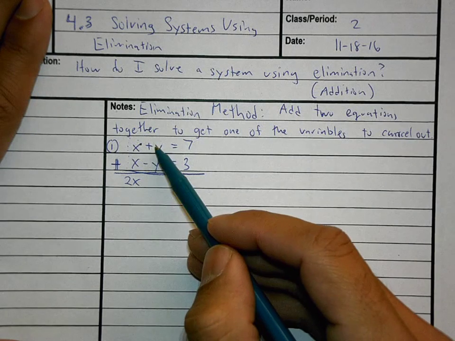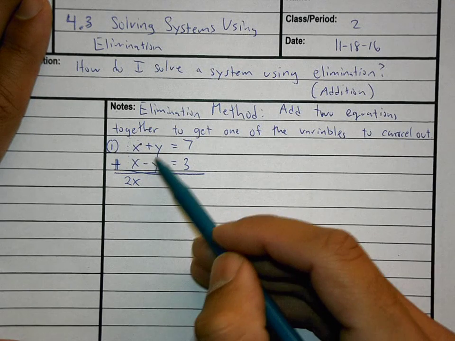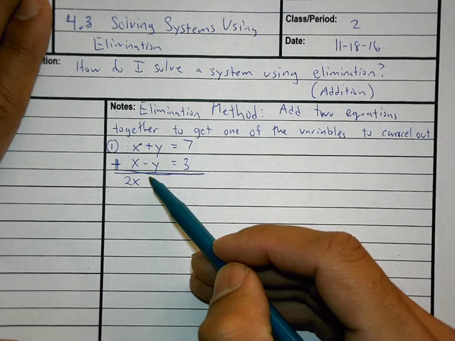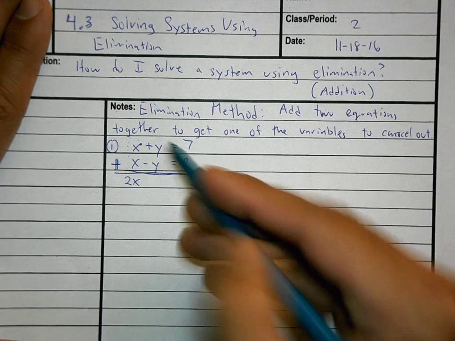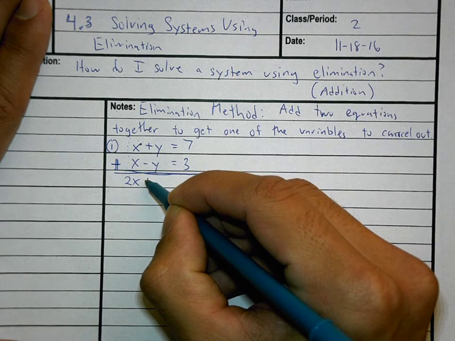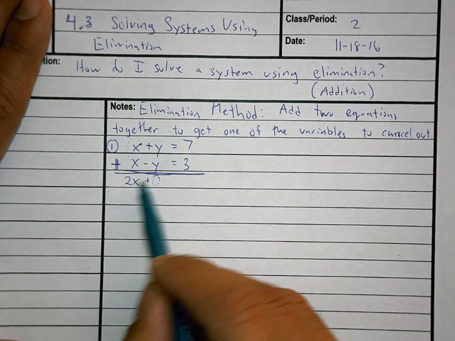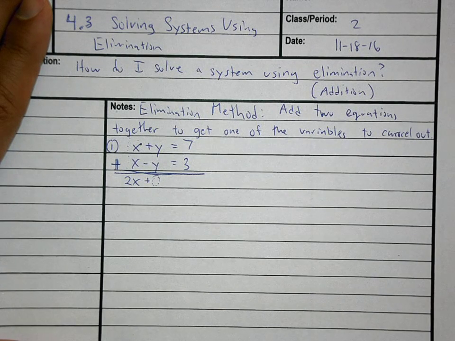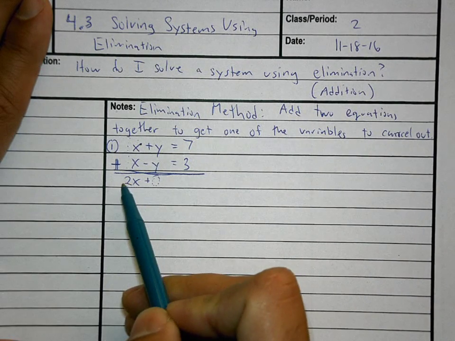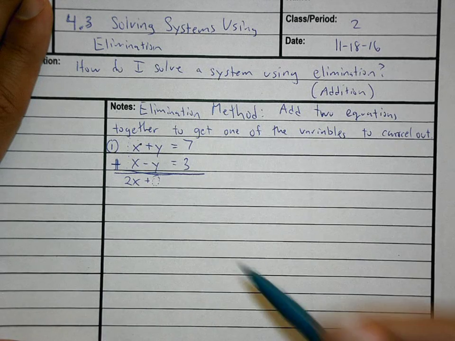A positive y and a negative y, when you add them together, makes 0. So I could put plus 0, but I don't have to, because anything added to 0 is just 2x.